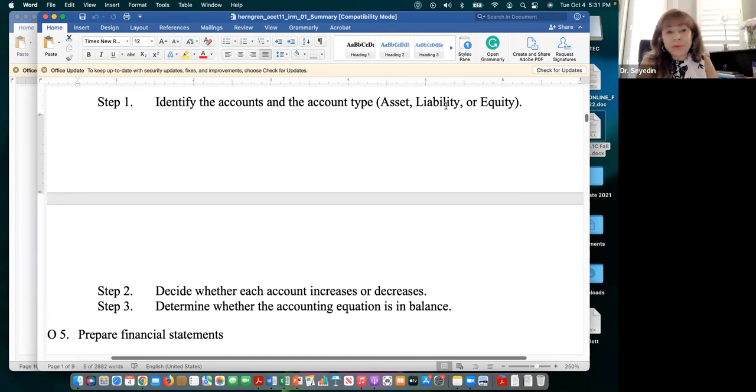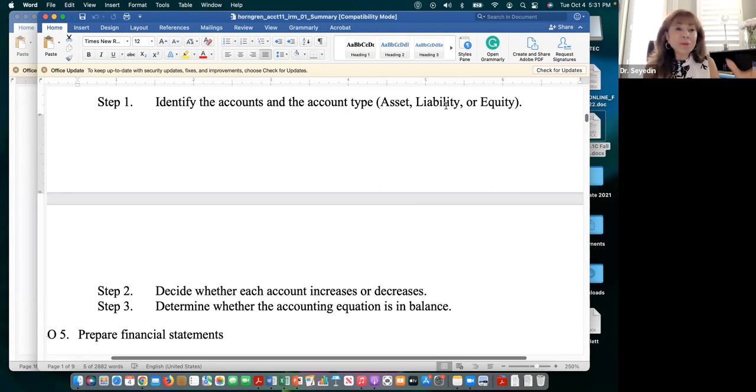For example, think about when you buy a house, right? You usually put down a down payment, and then you borrow the rest from a bank. Every month you make a payment to the bank. We call that mortgage payable. So mortgage payable is a long-term liability, right?